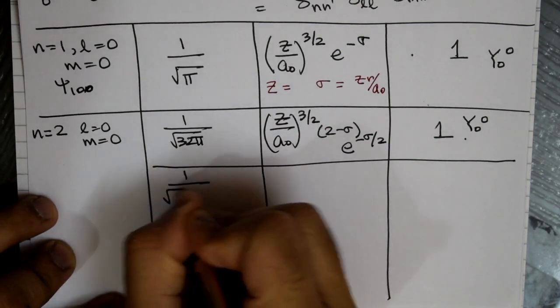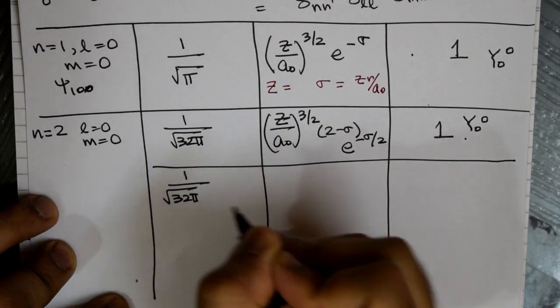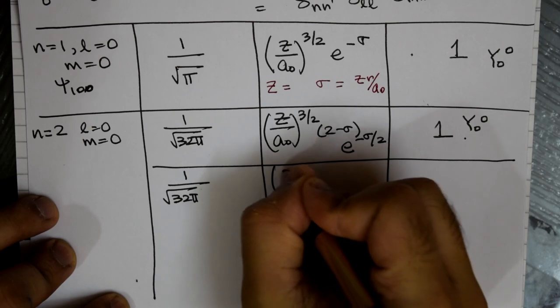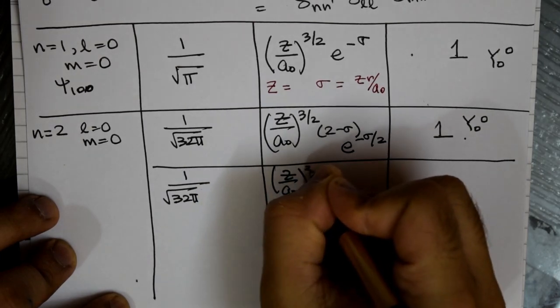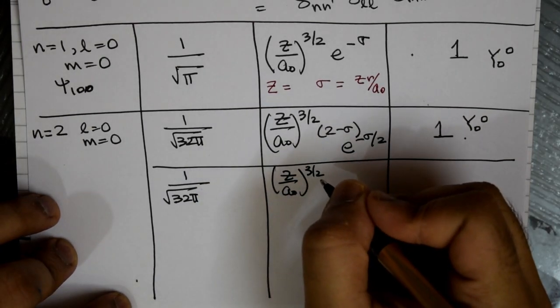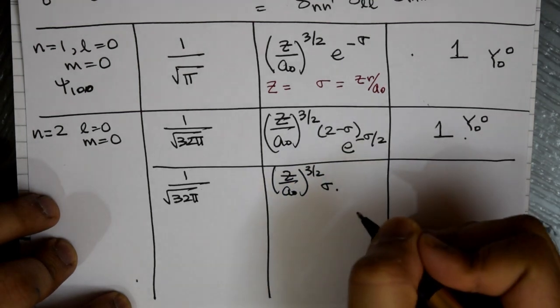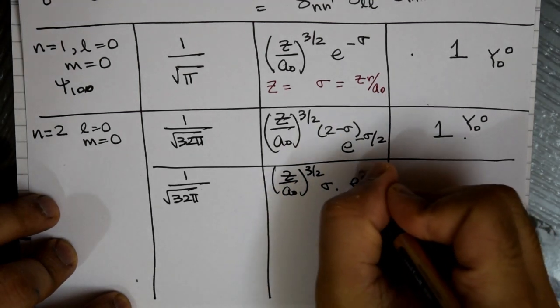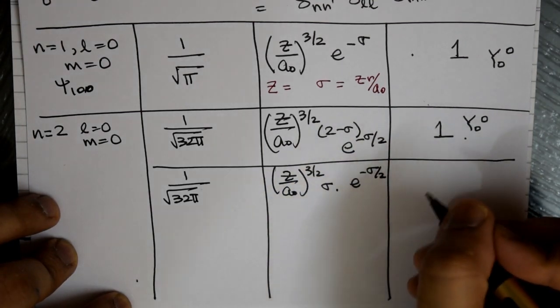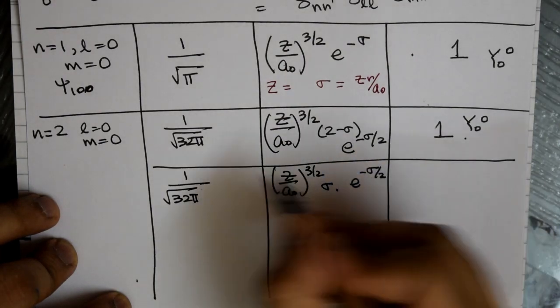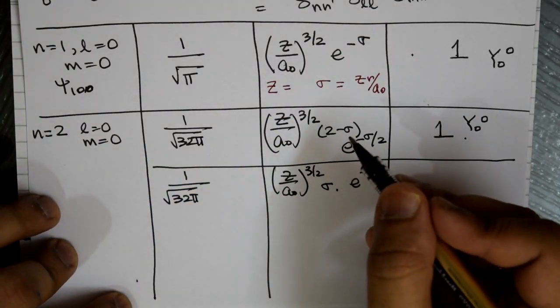Next one is 1 by square root of 32 pi times Z by A naught power 3 by 2. The Z by A naught power 3 by 2 keeps coming. Sigma times e power minus sigma by 2. Of course, this will remain constant for n equal to 2 case, right?